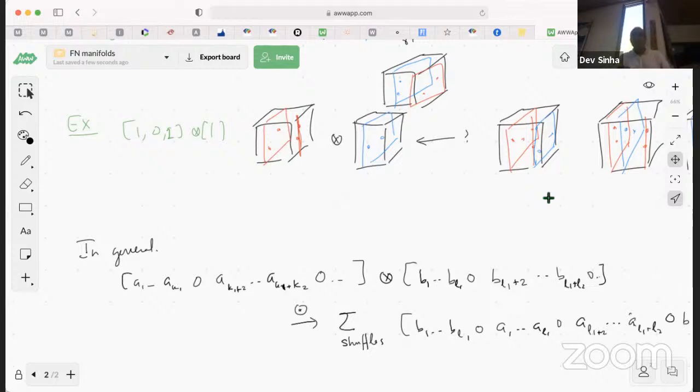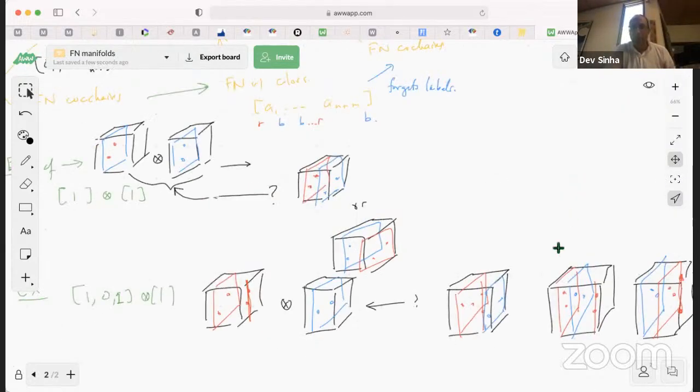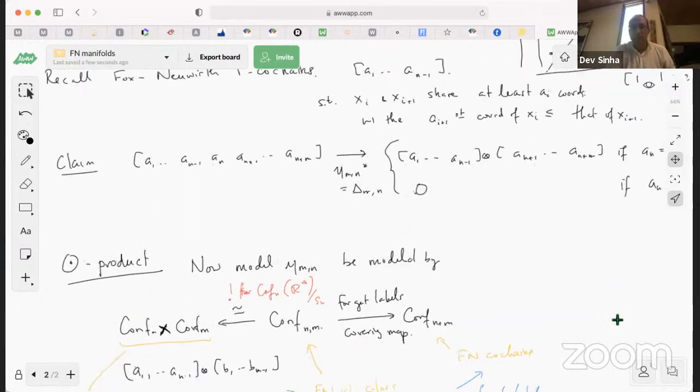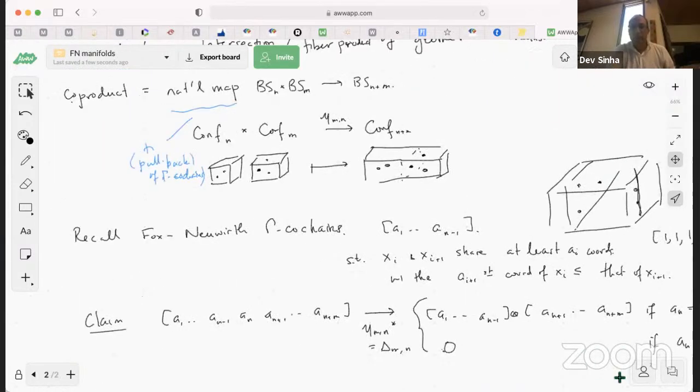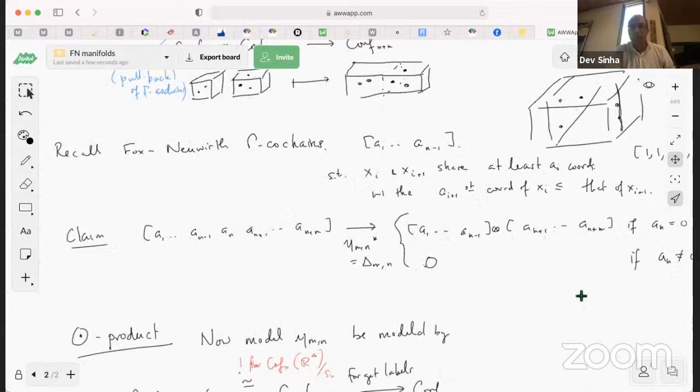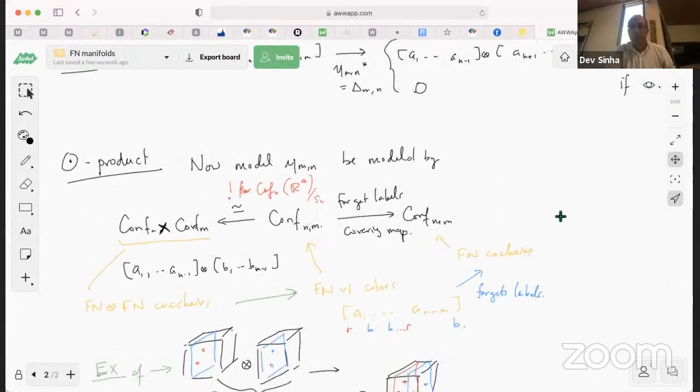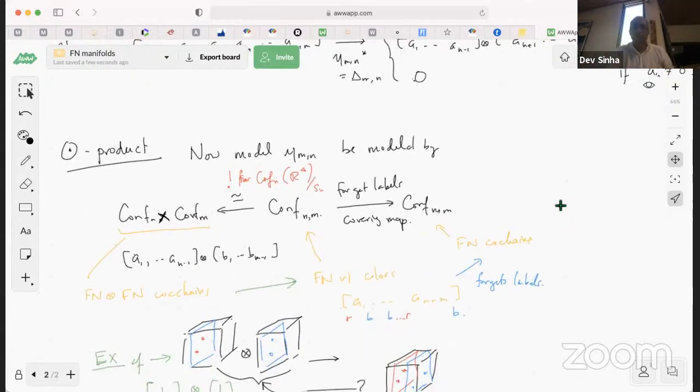And again, the key map is this forget labels covering map. Take n plus m endpoints, take my conditions here, and lift them.